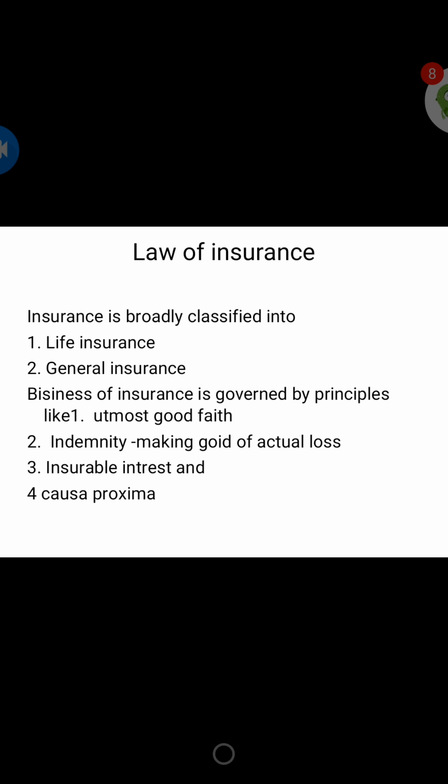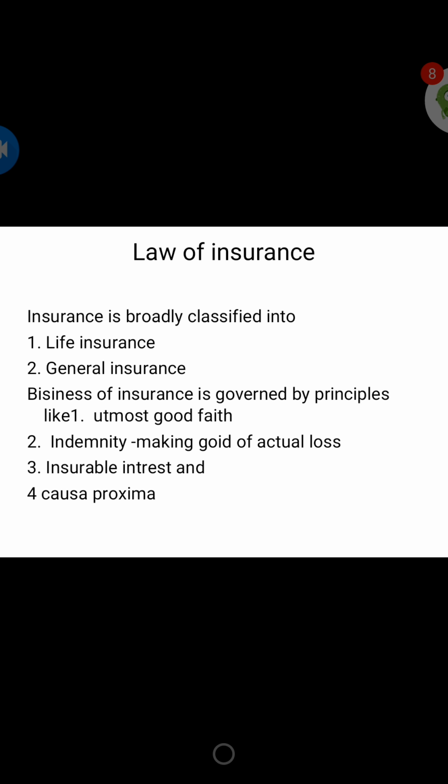By this life insurance, can we regain the life of ABC? No, we cannot. We can just compensate. For that reason, life insurance is called a contract of compensation.